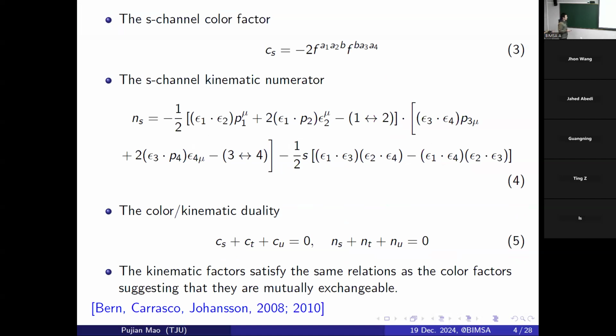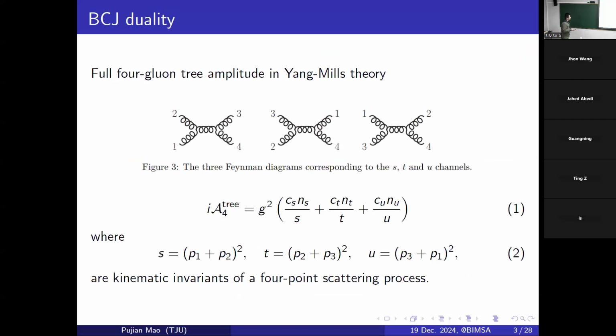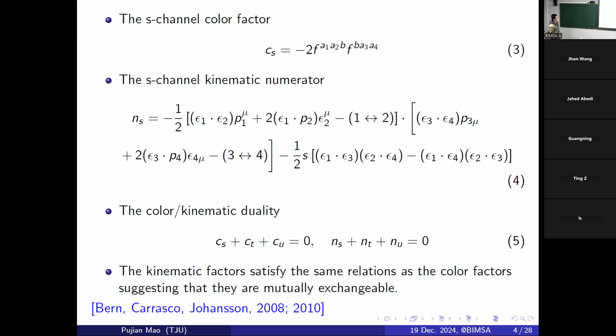You find the color information and the kinematic information satisfy the same relations. And then the idea is, can we exchange them? Here you see in this amplitude there are C and N for all three channels. So now the question is, can we replace all the C by N?